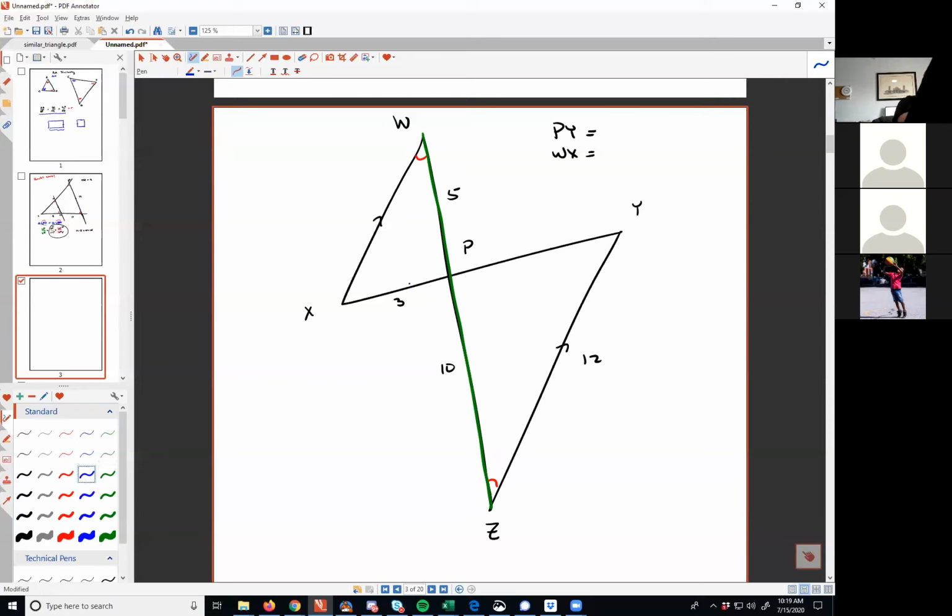And then we have a second transversal, XY. And now that and that are alternate interior angles. And notice we also have the vertex angle right there. So we could use any two of those three angles to declare AA similarity. So we invoke AA similarity. Somebody tell me, in what order do we write the vertices?